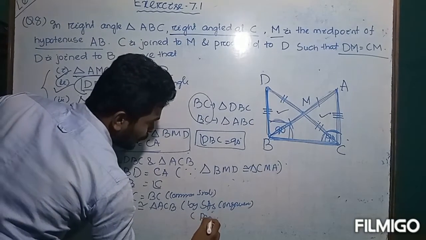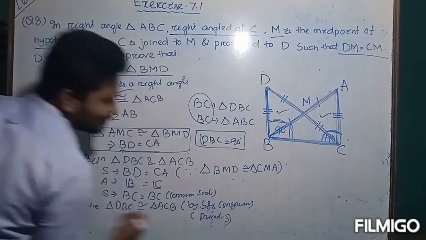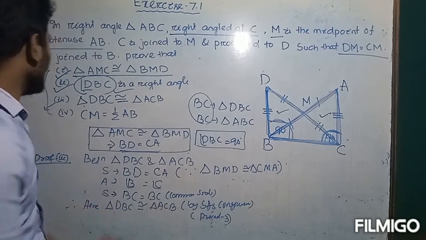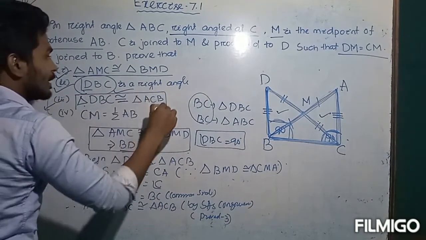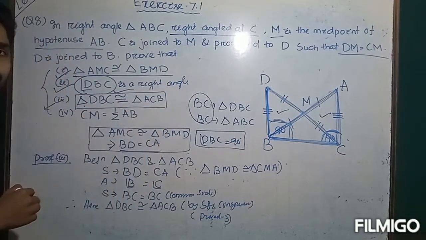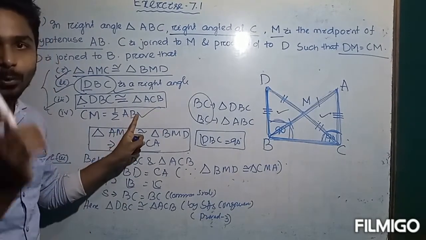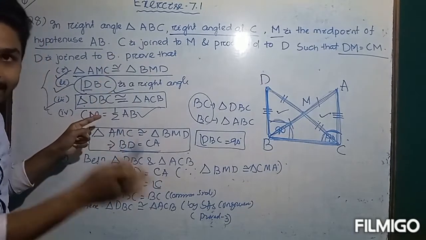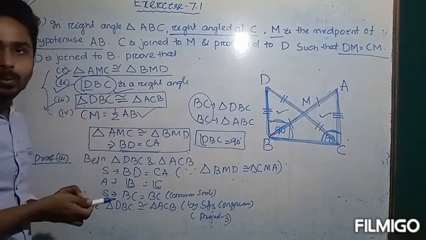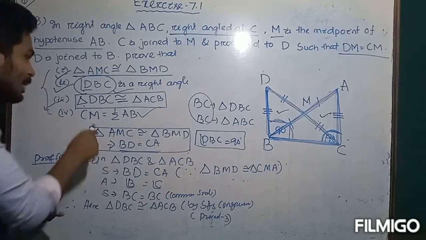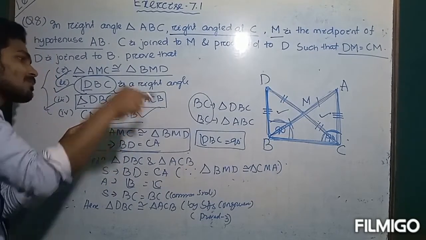Hence it is the proof of the third statement. Now it is proved. Next is this statement, which we have to prove. As I have told you, in order to prove any succeeding statement, you need the conclusion of the previous statement. So we have to prove this by using some data from the previous statement.